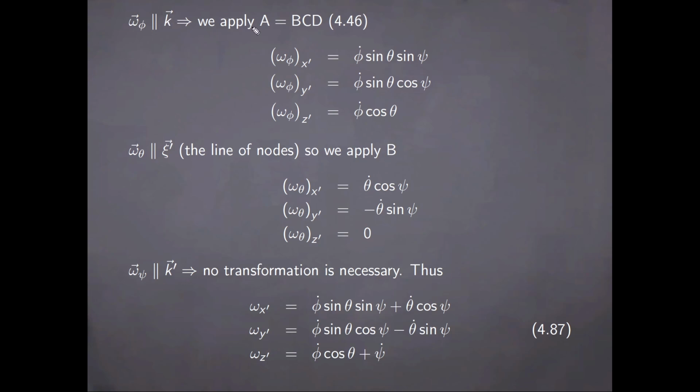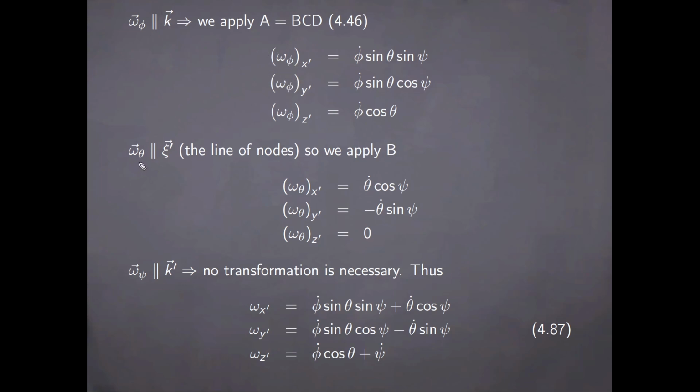So we need to apply the full transformation A of equation 446 in order to obtain the components of this vector in the body set of axes, and its components are simply the ones written here. These are the elements which will transform a vector along the z-axis into the body set of axes, which you can see immediately by inspecting the matrix of equation 446 and applying it to such a vector.